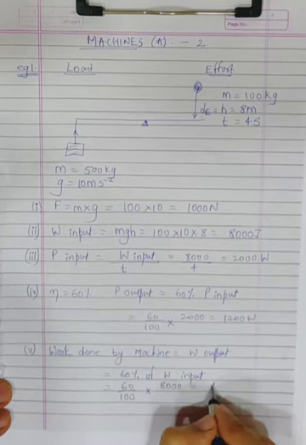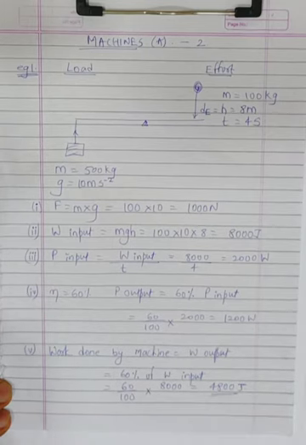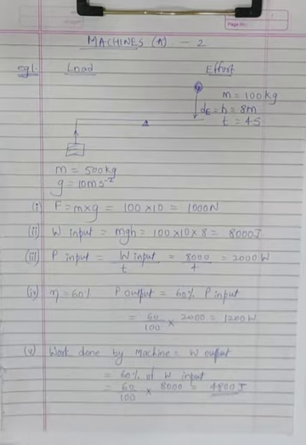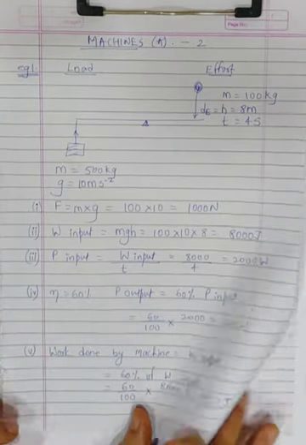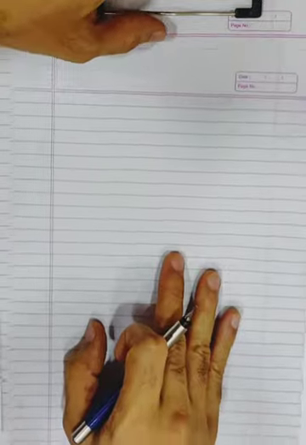That is equal to 4800 joule. That's your answer. Okay, done. If you realize, we actually did not use much of machines at all in this. We are using more of work and energy, except that we use the concept of efficiency, but that's how it's given in the machines chapter, so we had to do it.